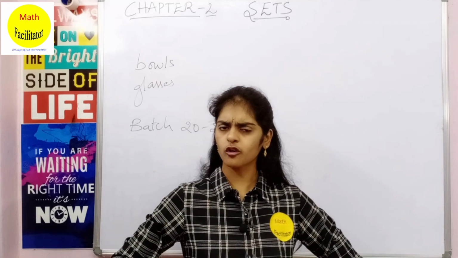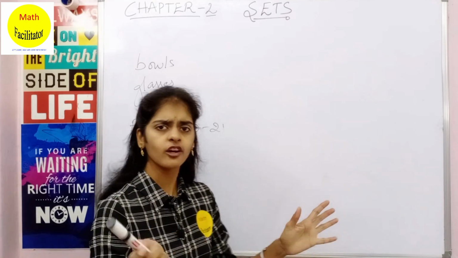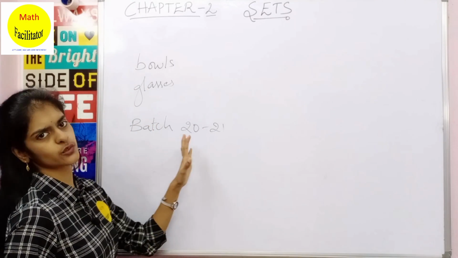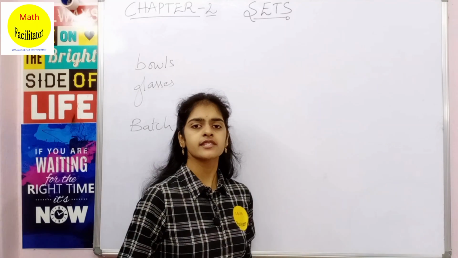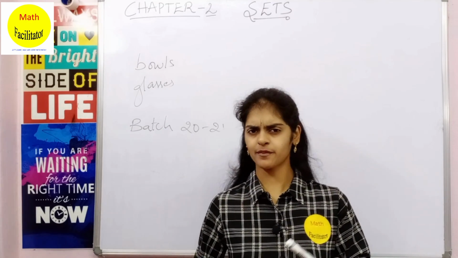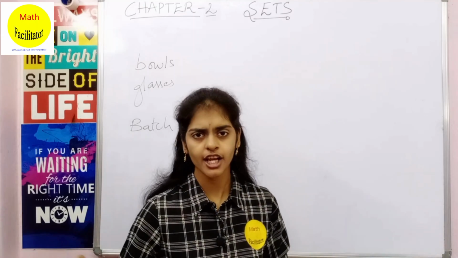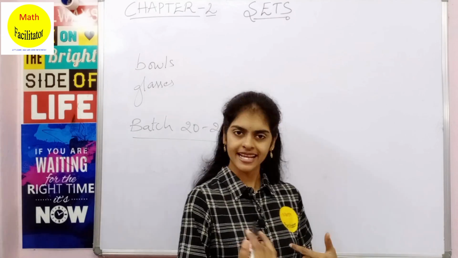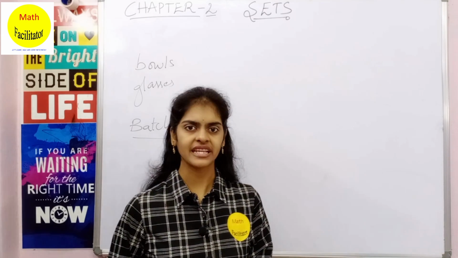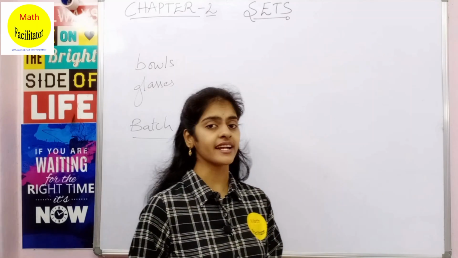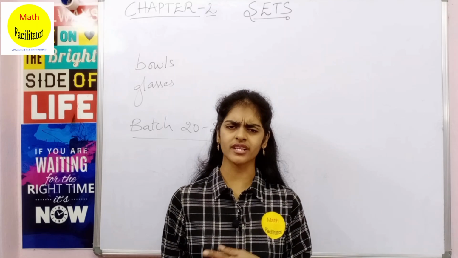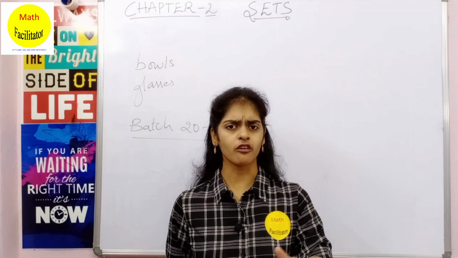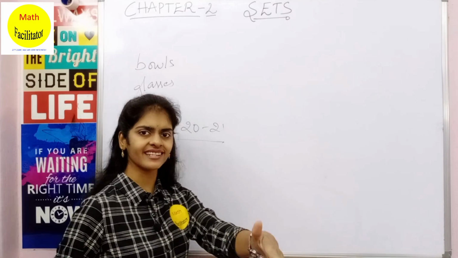Yes, so all of you who are watching the video are of 10th class batch 2021. Okay, so you might be watching the video from any part of the country, but you are of this batch. Okay, 10th class batch and academic year 2021. Yes, so that means you can see that you have a common property. Okay, what is the common property? You are all of class 10, this year class 10.